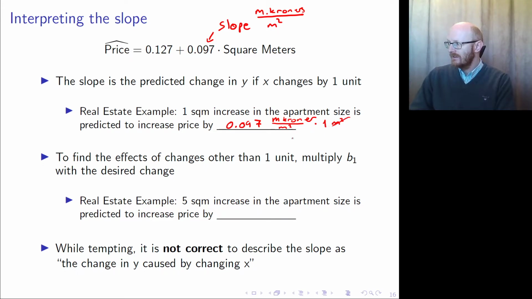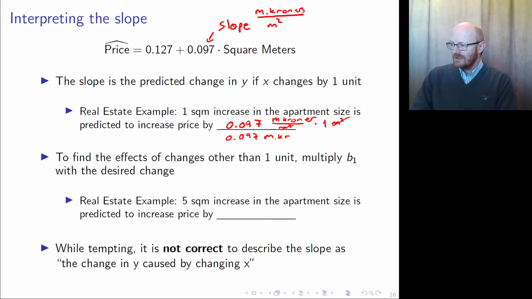These cancel out, so you're left with 0.097 million kroners, right? Okay.